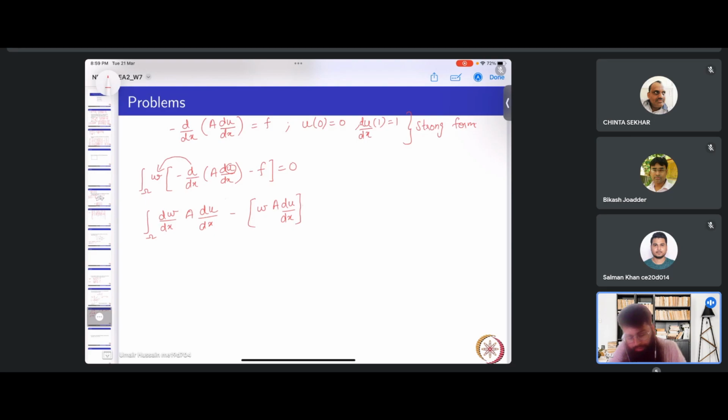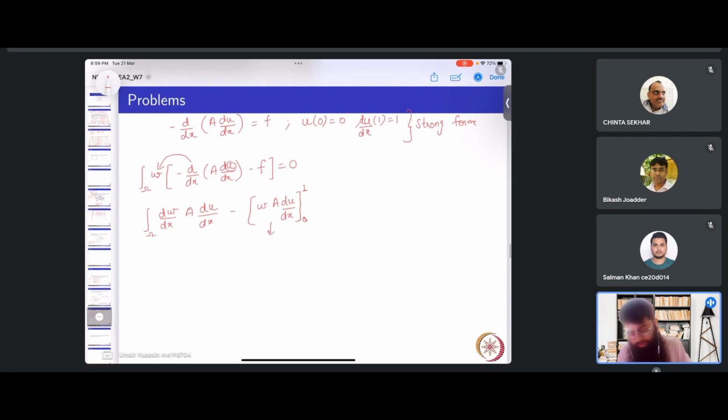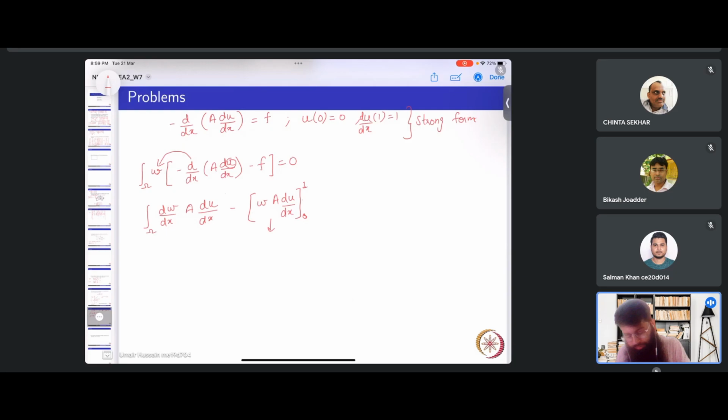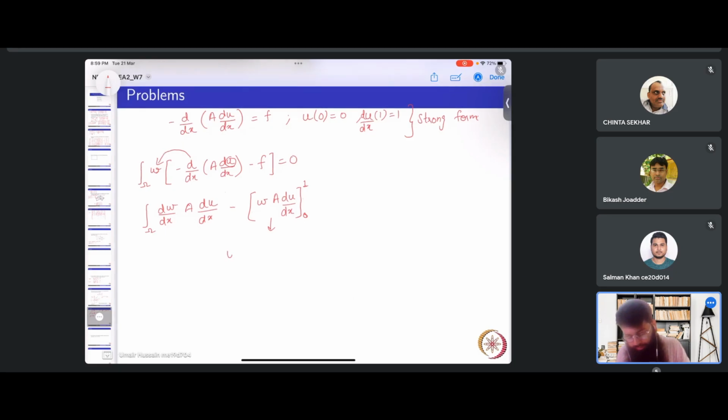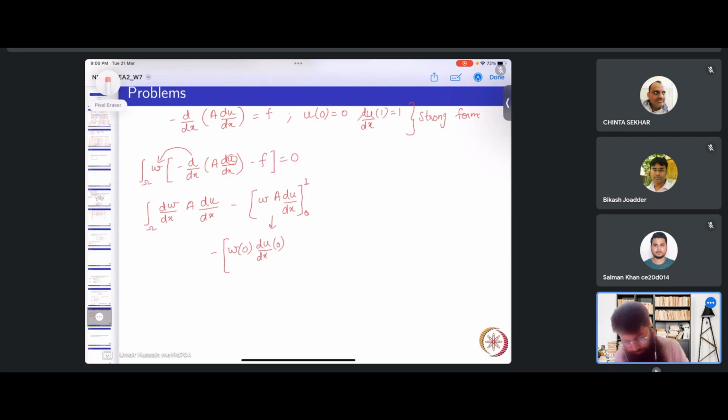Since in 1D we only have 2 points at the boundary, 0 and 1, we can expand this term as the value of w at 1 times the value of du by dx at 1, minus the value of w at 0 times the value of du by dx at 0.